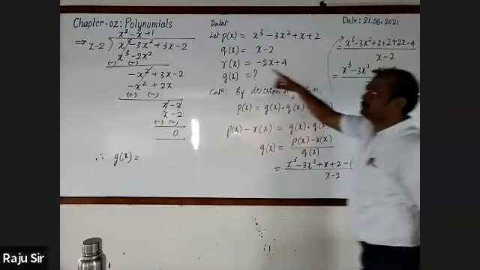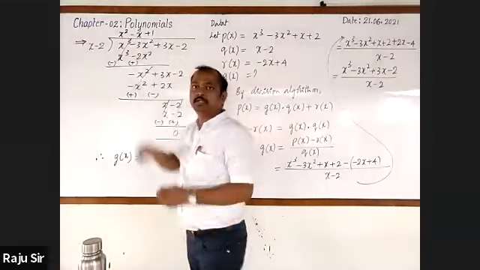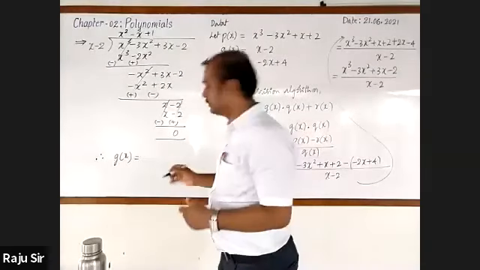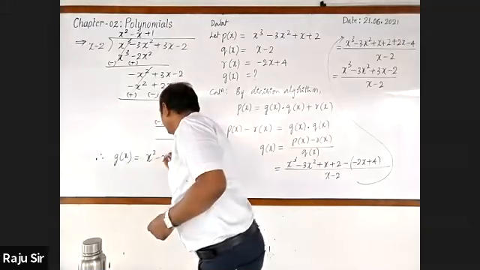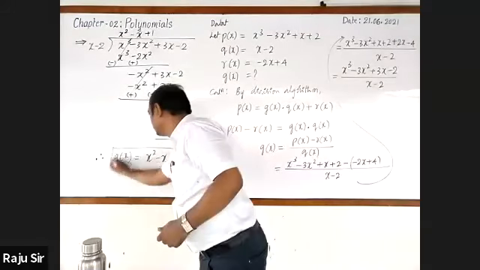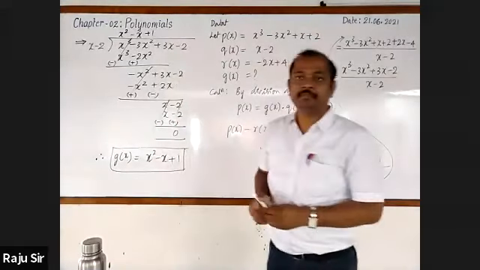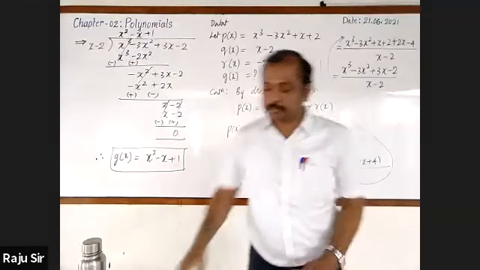By dividing this, you got the quotient x square minus x plus 1. This type must be practiced.